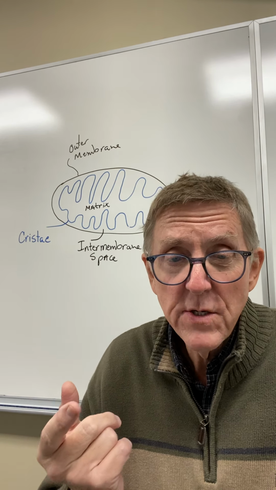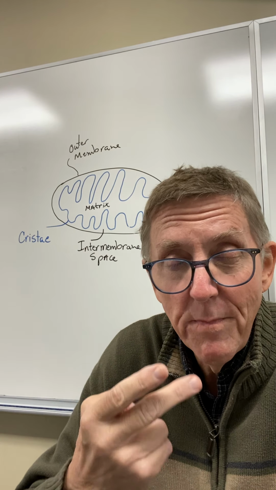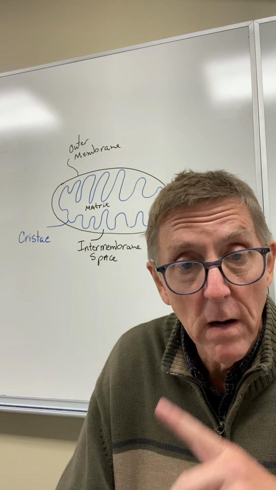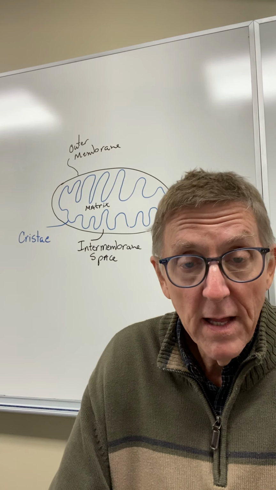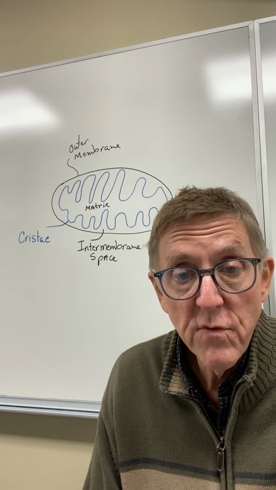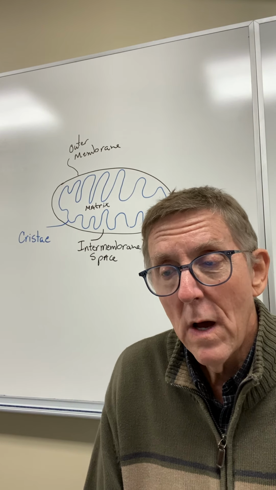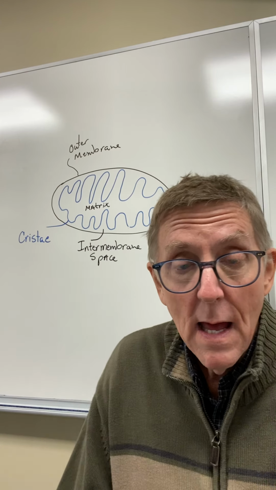That is a relationship where the lives of both organisms are linked together. They can't survive at this point on their own. And if you have a metabolic disorder where you lose your mitochondria, you're in really bad shape. So that's how we think we got mitochondria.